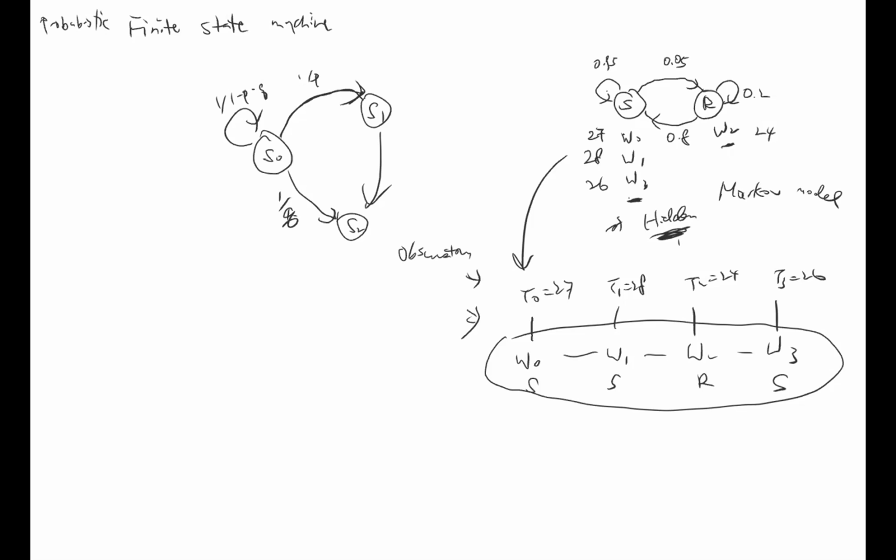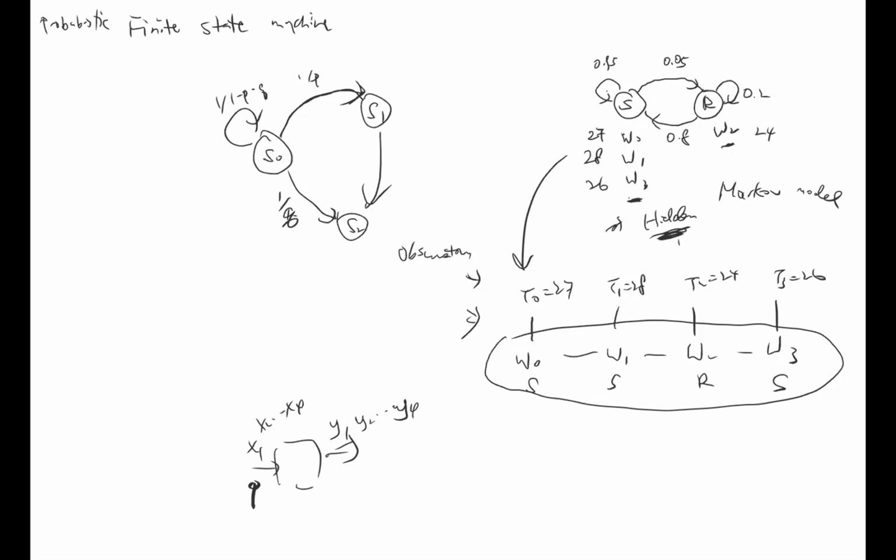Let's say I send something through a channel: I have X going through a channel, and I get Y. You are passing a sequence X1, X2, X3, X4 into a channel, and then you observe Y1, Y2, Y3, Y4 at the other end of the channel.